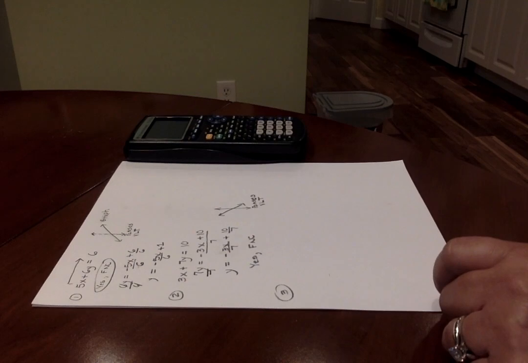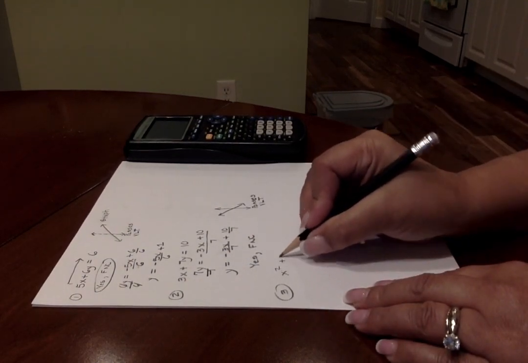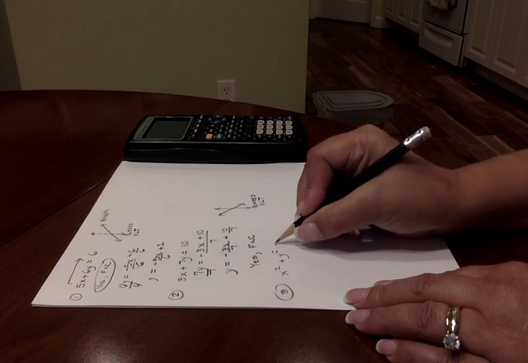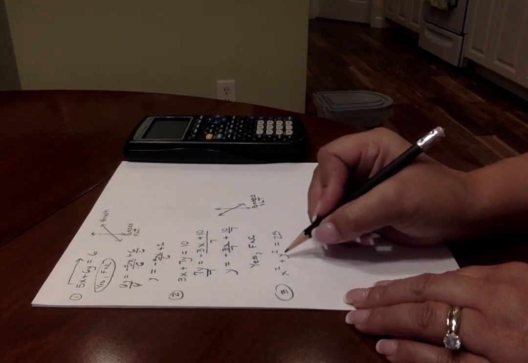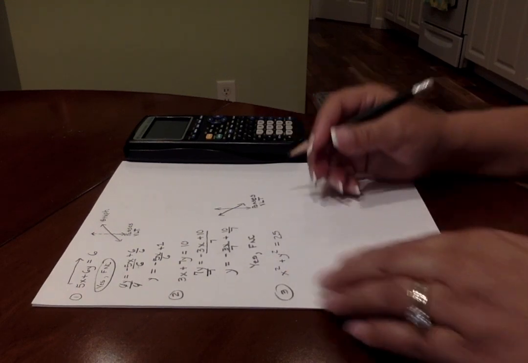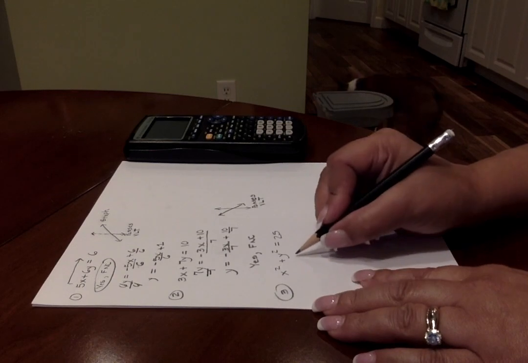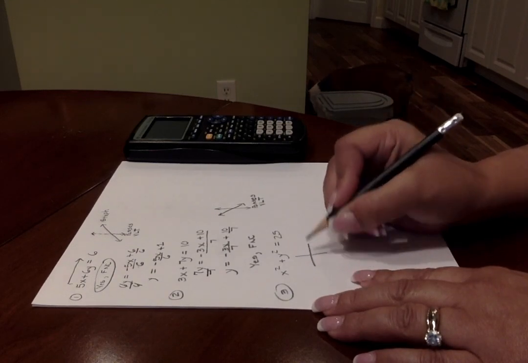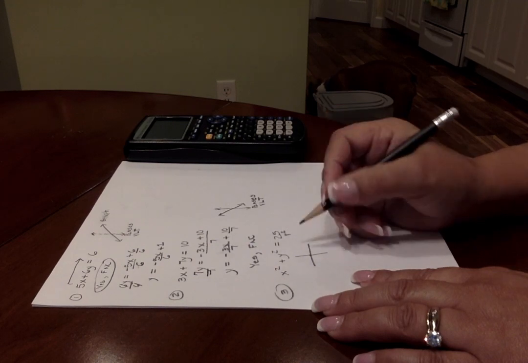Okay, problem number 3 and 4 are the same thing. X squared plus y squared equal to 25. When there is a square on the x as well as the y and the coefficients are both the same and both positive, then this would be a circle. This one happens to be at the origin, and this is actually the radius squared.